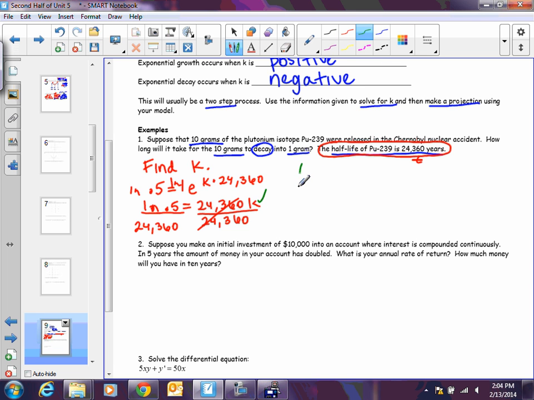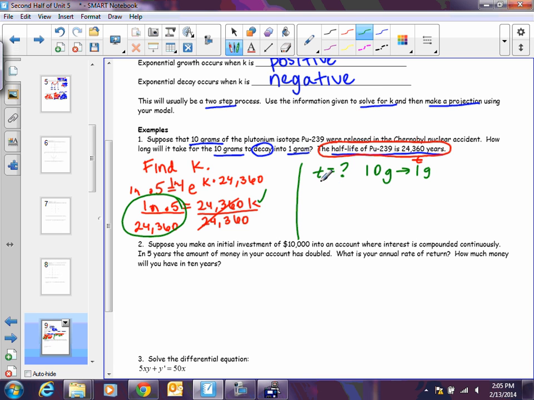Okay, so then looking at the next part, we found k. Then what I need to do, and you could write it down if you want, but honestly, that's only one part. This is good enough really as far as showing your work. So then we got to answer the question. Just make a projection. It says, how long will it take? So we're trying to find t for 10 grams to turn into 1 gram.